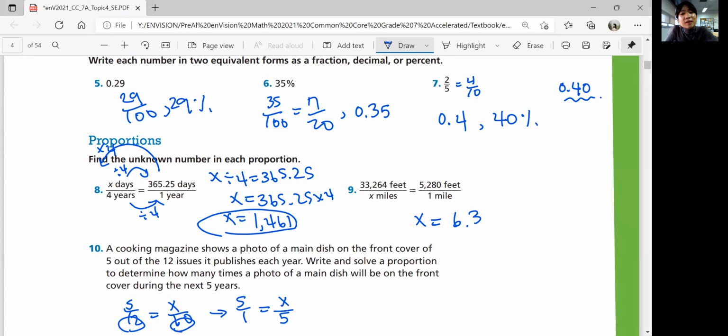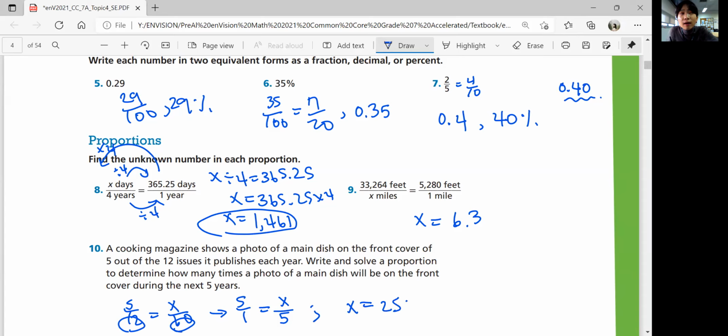But if that makes you uncomfortable, then don't do it if you're not sure, okay? But you can do that for proportions. And then you can solve for X. You should get the same answer whether you solve the first proportion or the second proportion. They're basically the same thing.